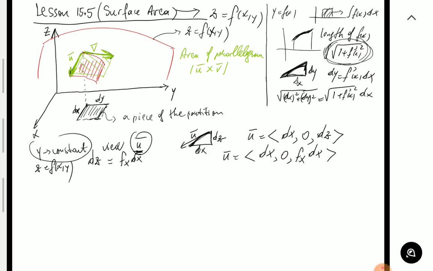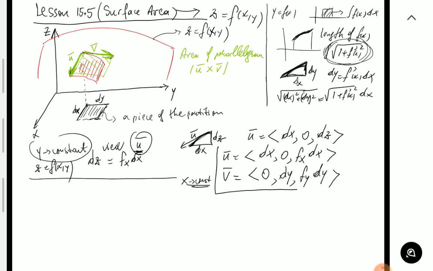And I hope it's pretty clear at this point, analogously, the vector v, which is when x is constant now, the x component is going to be 0, because it's parallel to the yz plane. The change in y is the y component, and because you can now view the function as a function of y, the change in z is going to be partial y and then dy.